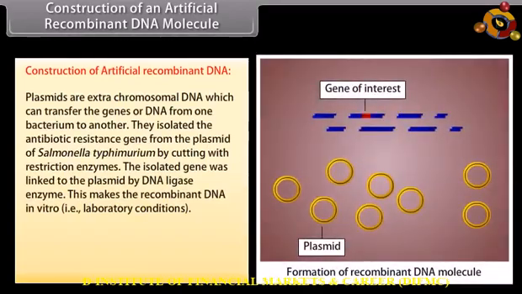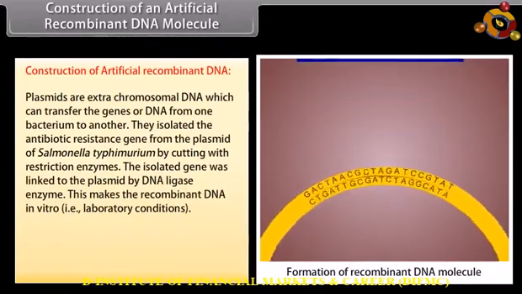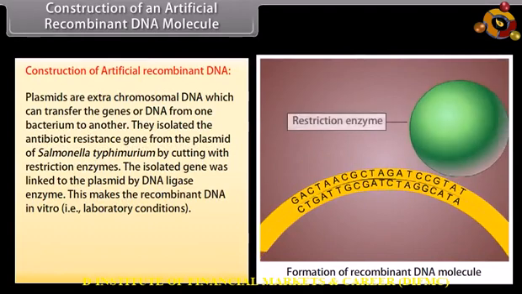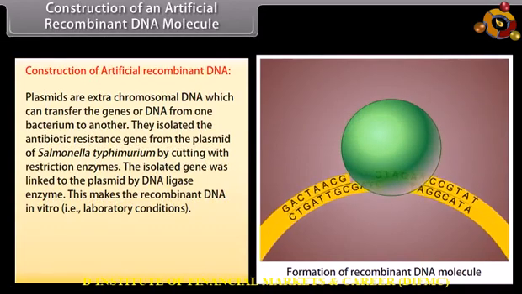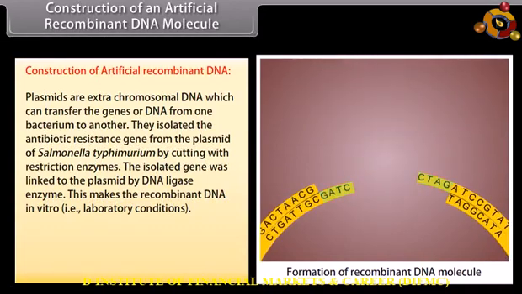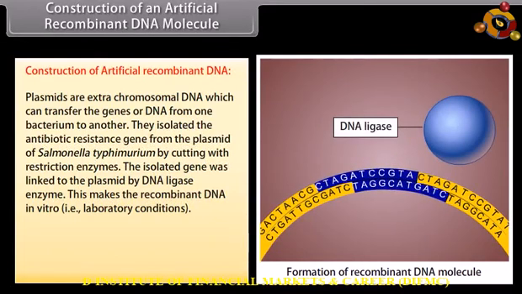Plasmids are extrachromosomal DNA which can transfer the genes or DNA from one bacterium to another. They isolate the antibiotic resistance gene from the plasmid of Salmonella typhimurium by cutting with restriction enzymes. The isolated gene was linked to the plasmid by DNA ligase enzyme.